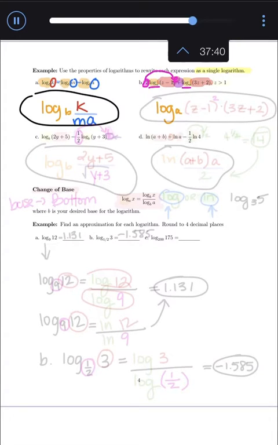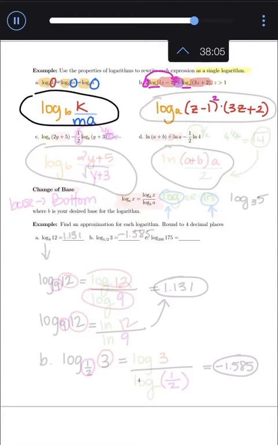So we'll have that z minus 1 that we had that was squared, but in order to bring these together, we're going to lose the addition and turn it into multiplication times the other piece, the 3z plus 2.